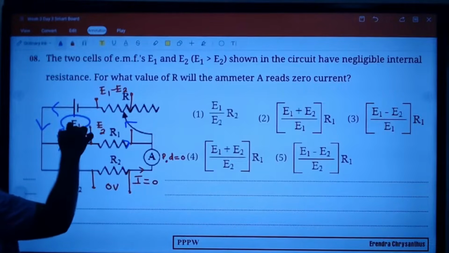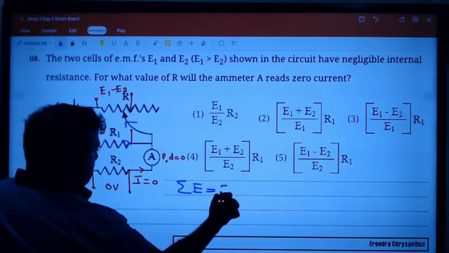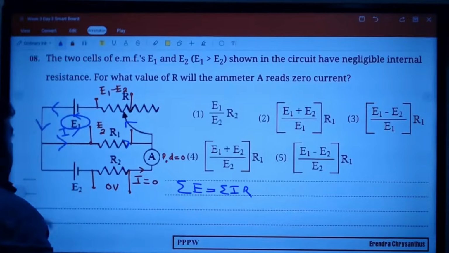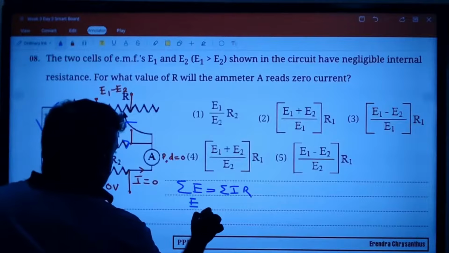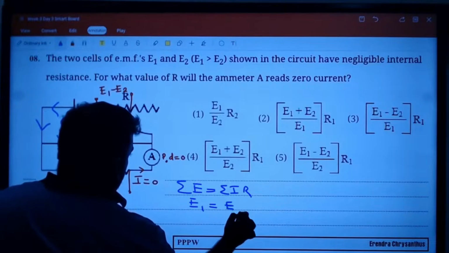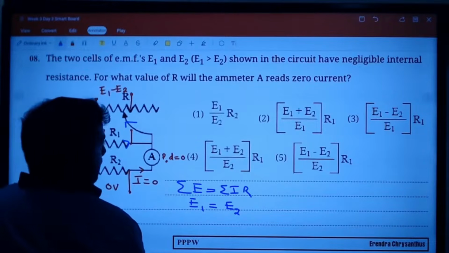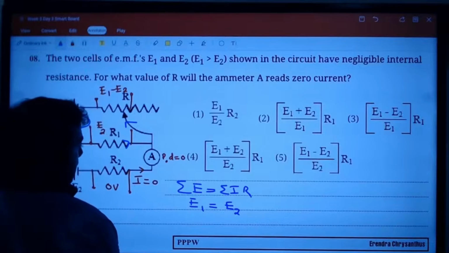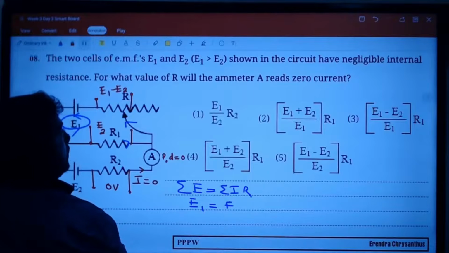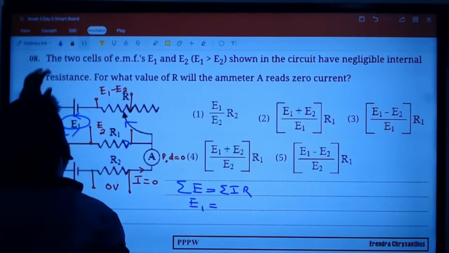So if you apply Kirchhoff's law, minus to plus, sum of EMF equals sum of potential differences. Minus to plus positive. Here voltage is E2, but to make it easier, let's find the current.